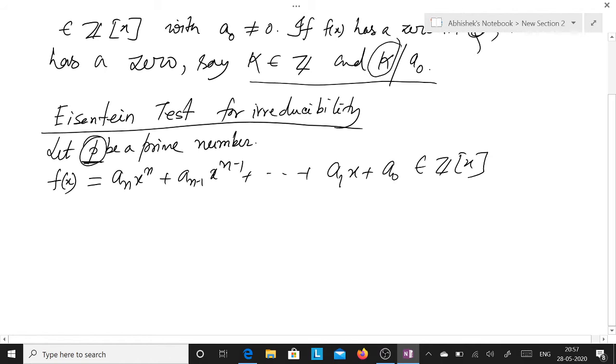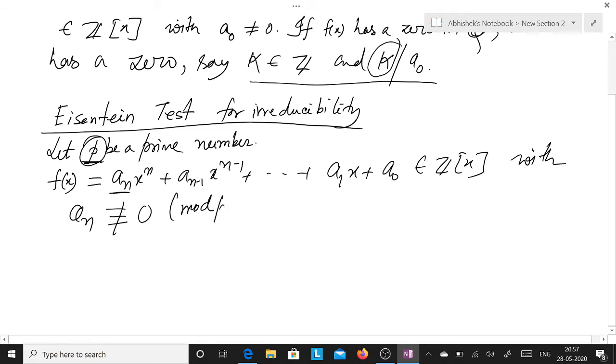That is, this is a polynomial with these conditions in connection with the prime number p that I have written. So what are those conditions? The first one is that a_n is not congruent to 0 modulo p.